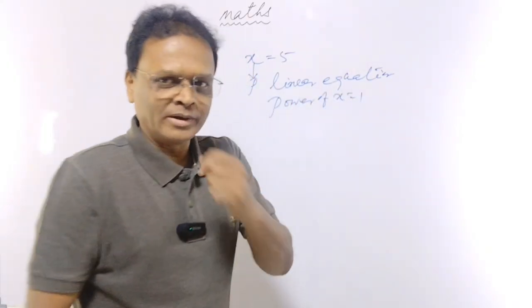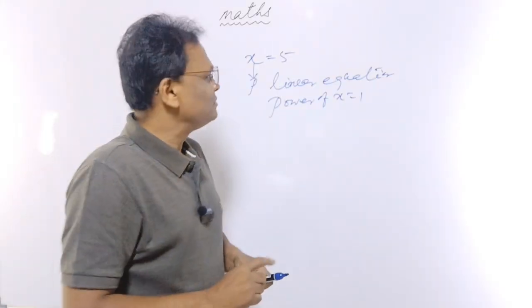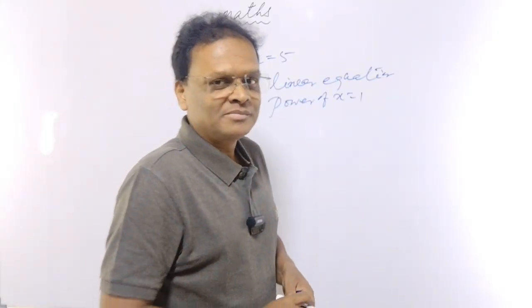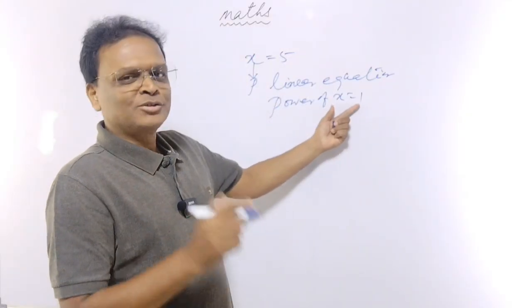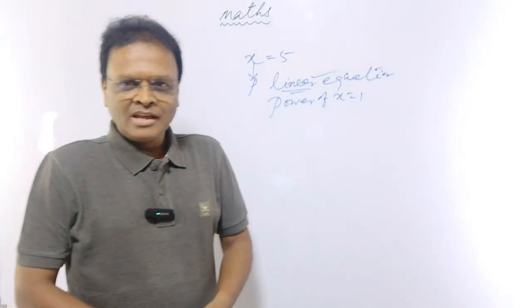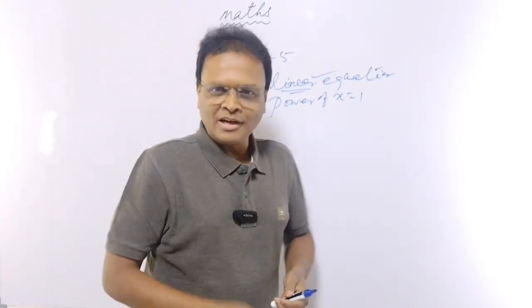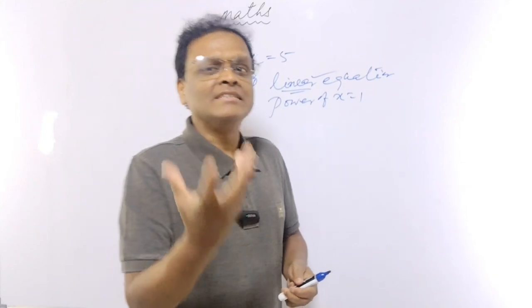Can you tell me, if the power of x becomes 2, what is the name of that? If the power of x is equal to 1, that is called a linear equation. What happens if the power of x becomes 2? Now your curiosity is increasing.